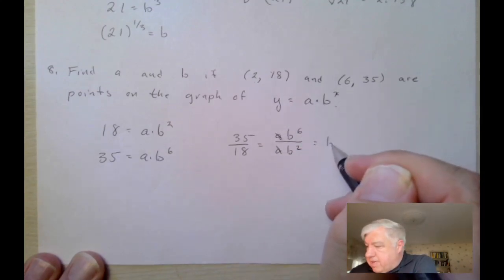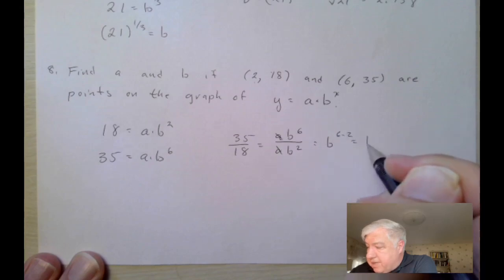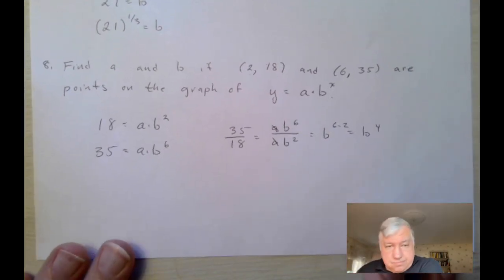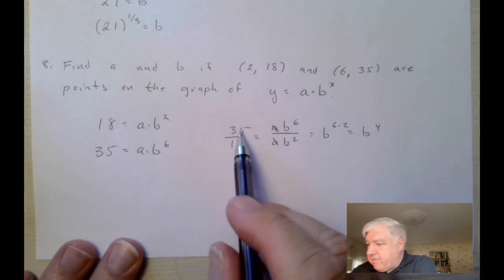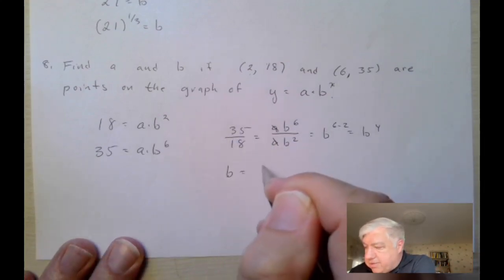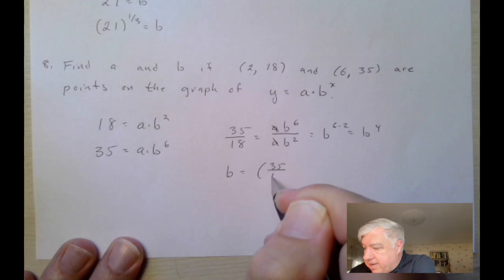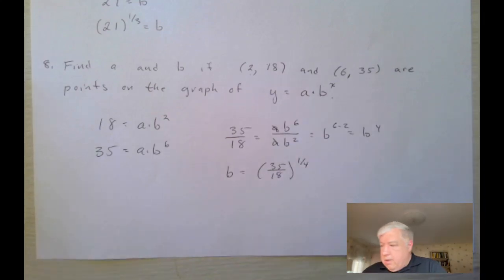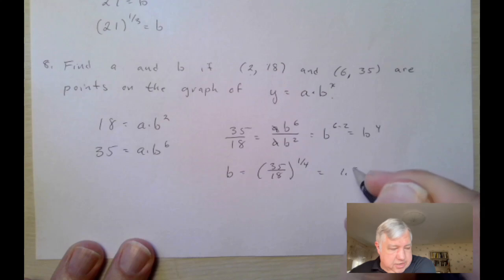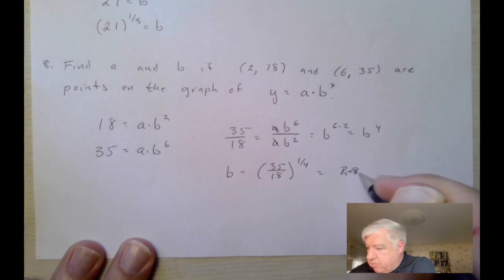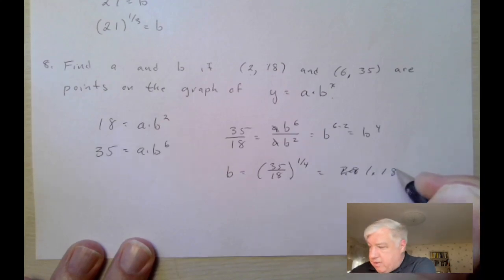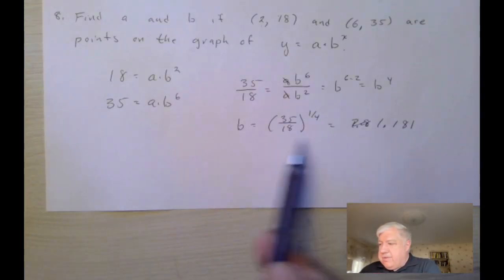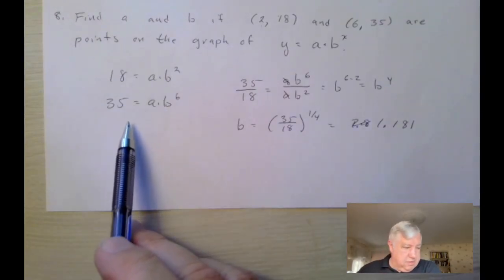And this will be b to the 6th minus 2, which is b to the 4th. And so b is just going to be the 4th root of this, or we can say b is 35 over 18 raised to the 1/4, okay, which turns out to be 1.181.